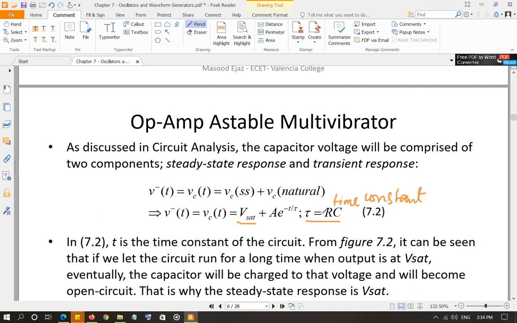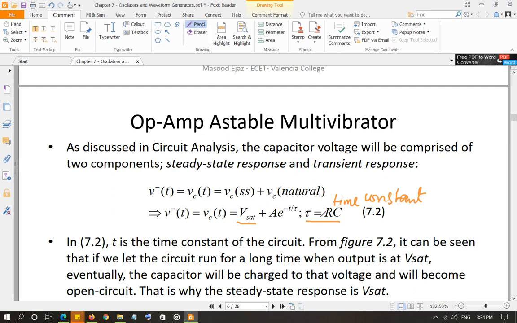And remember, what is the time constant of an RC circuit? The time constant of an RC or RL circuit deals with the natural response of the circuit. When does the natural response happen? When there is no external source in the circuit, and the capacitor, if it's an RC circuit, or the inductor, if it's an RL circuit, acts as a source and provides energy to the circuit.